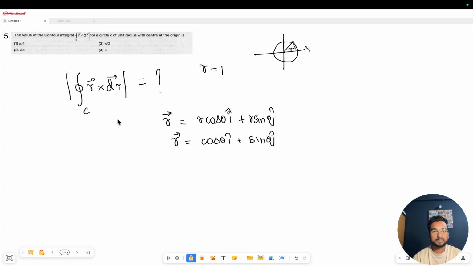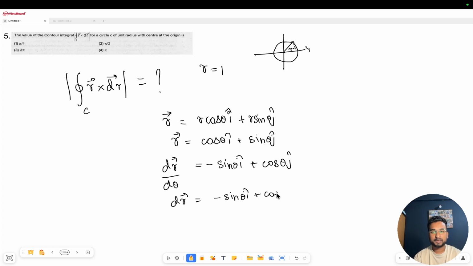You got the r vector. What about dr? You just differentiate r with respect to theta. Cos theta gives minus sin theta i cap, and sin theta differentiates to cos theta j cap. So the dr vector will be minus sin theta i cap plus cos theta j cap into d theta.